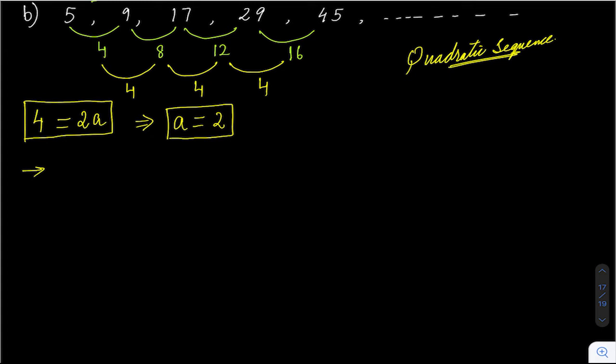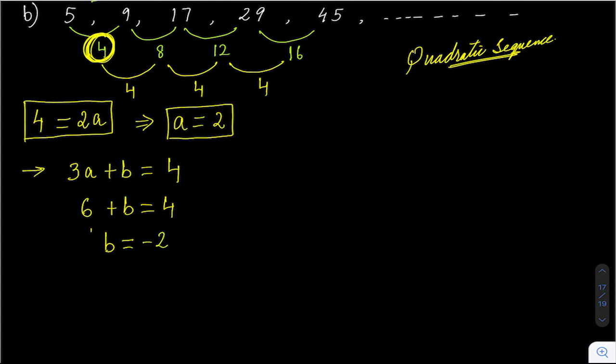It says 3a plus b is equal to the second term minus the first term, that is the first term of the first difference. That is this 4. So easy. So 3a plus b is equal to 4. Now a is 2, so this becomes 6 plus b equals 4. So b is nothing but minus 2.